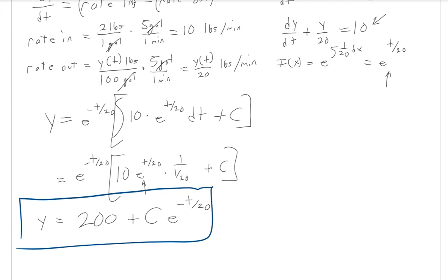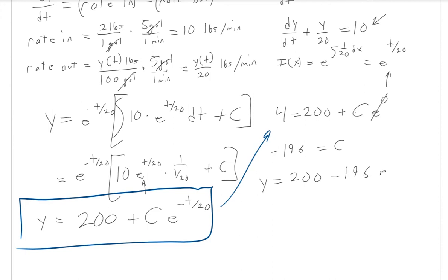If I plug in 0 for t and 4 for y, I have 4 equals 200 plus c times e to the 0 over 20. e to the 0 is 1. So we get negative 196 equals c. So the overall equation now is y equals 200 minus 196 e to the negative t over 20.